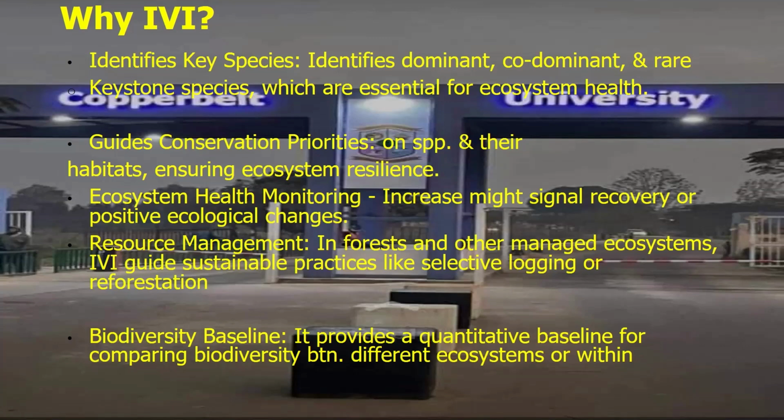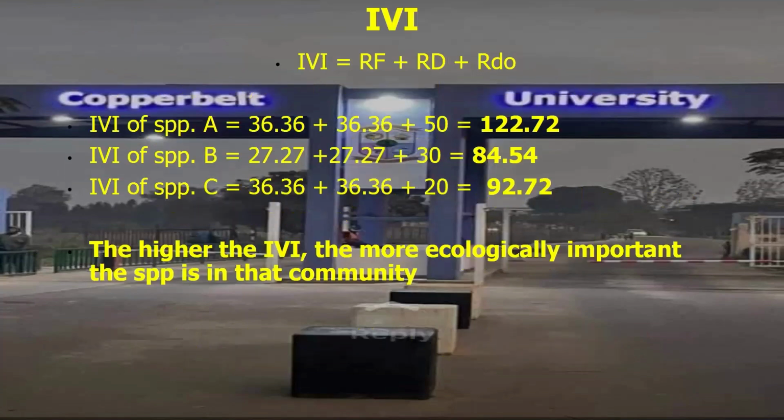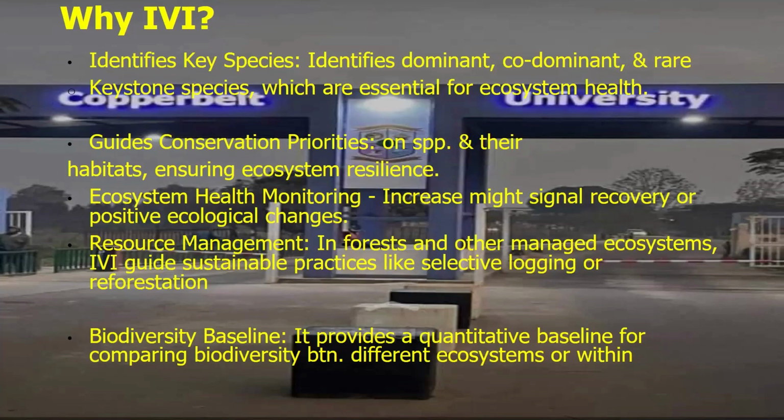But if we notice that the IV for species A was 122 in 2020 and in 2024 it's coming at 97, then we know that there's a negative ecological change. It means that we are not using that ecosystem the way we should. It's not in a sustainable way.